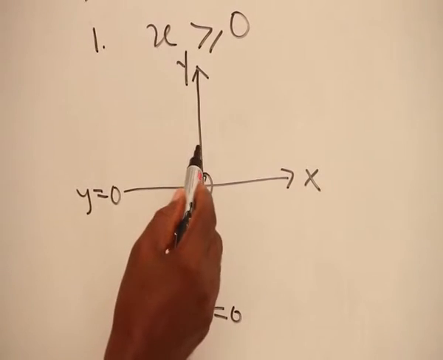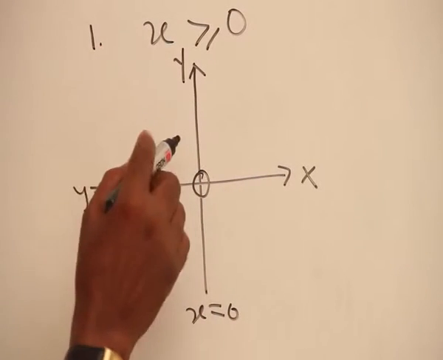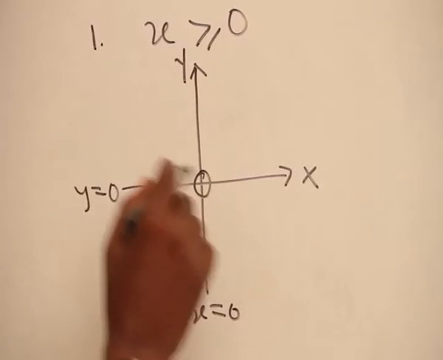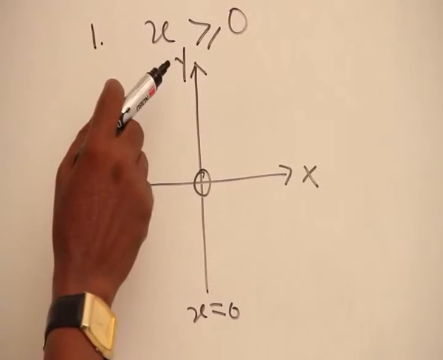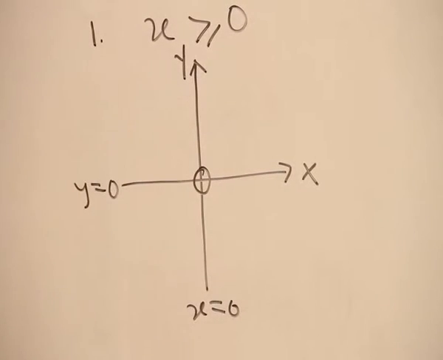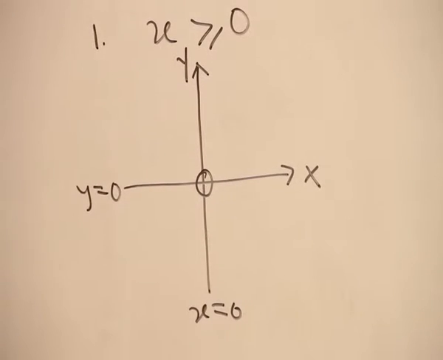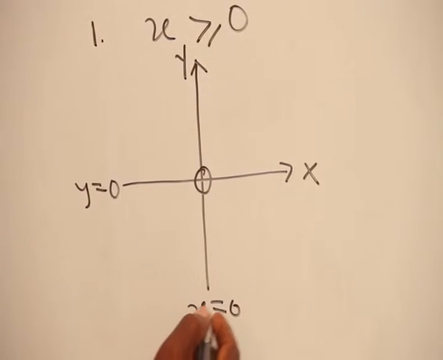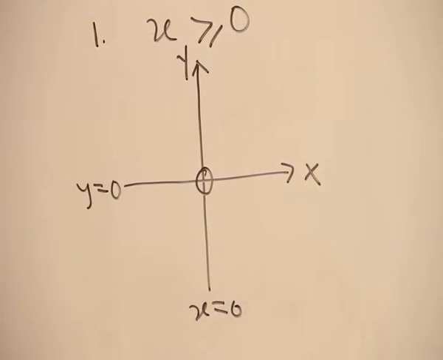So what they are telling us in this case is which region of the coordinate plane is represented by x greater than or equal to 0. Of course, the region to the right of the y-axis, which means the region to the right of the line x equal to 0.